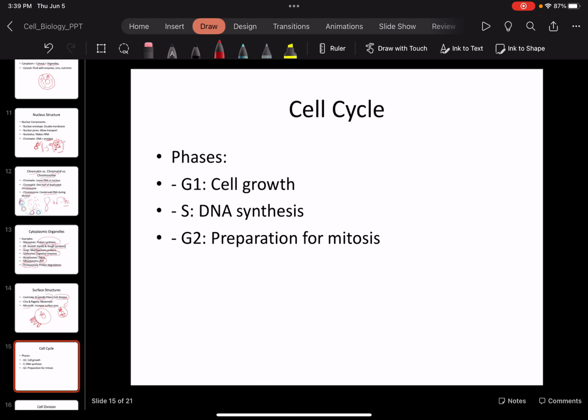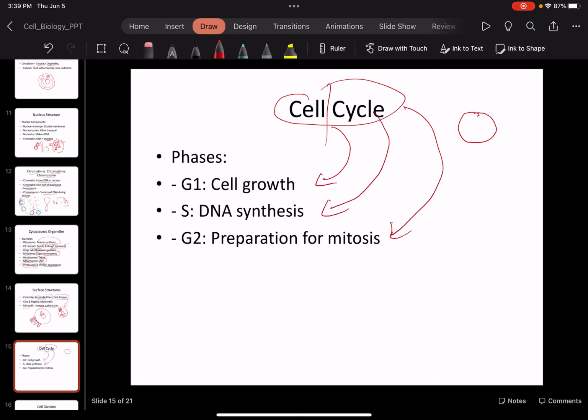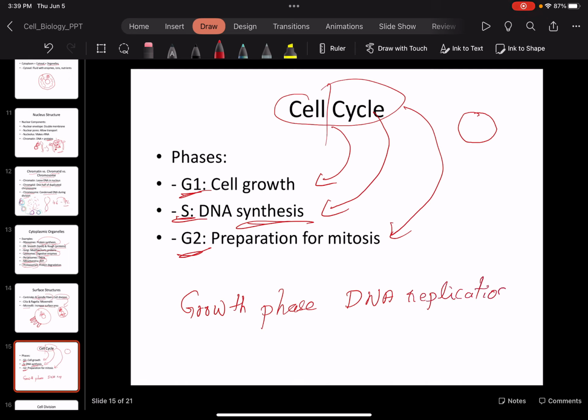Then we're going to go over the cell cycle. Break the word down: cell and cycle. A cycle starts at one point and goes around. There are different phases of the cell cycle: G1, S phase, and G2 phase. G1 and G2 are growth phases. S is synthesis, where DNA replication happens.